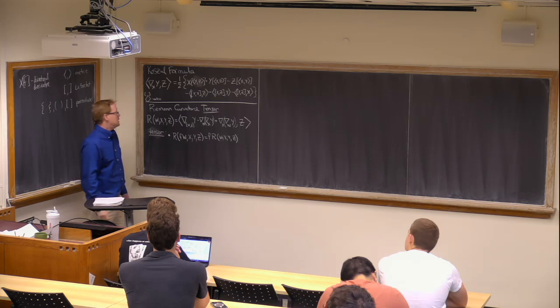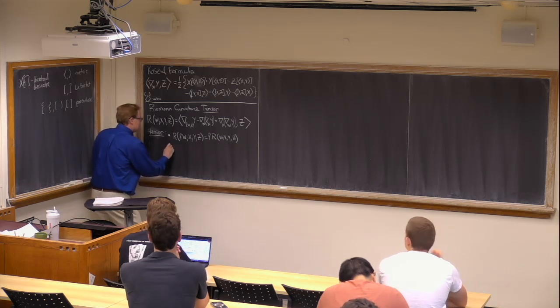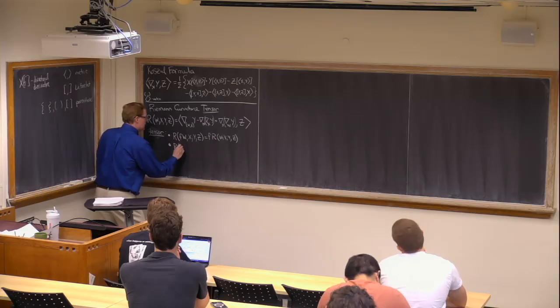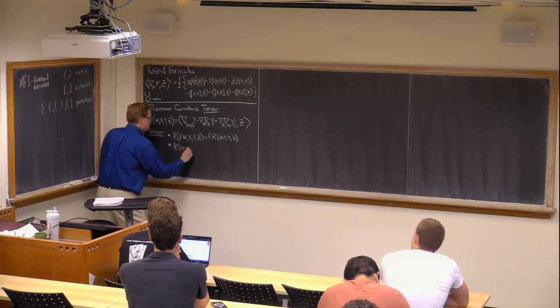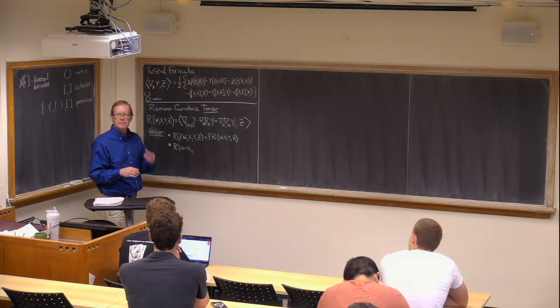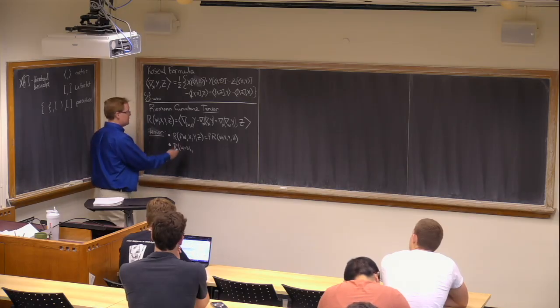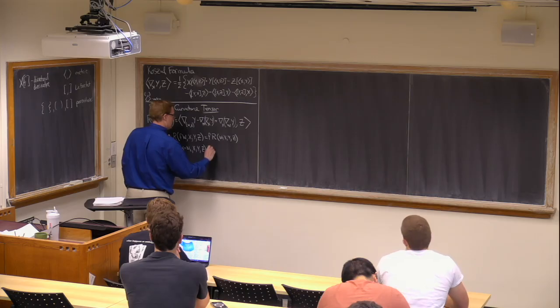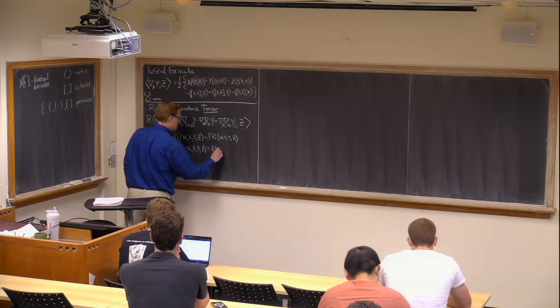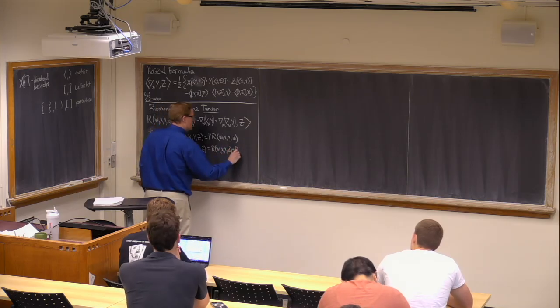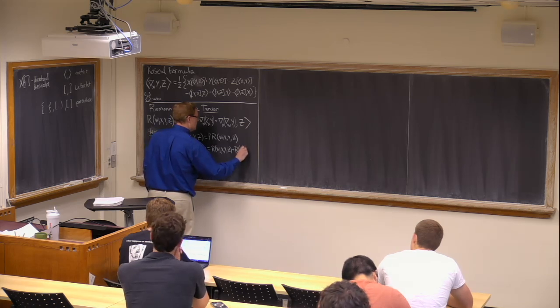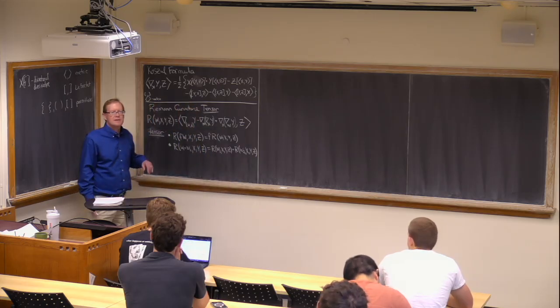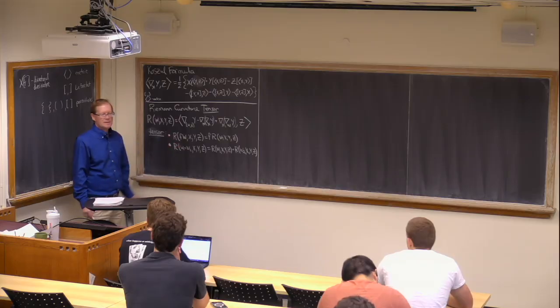Now, there's a second property of linearity, right? If you take W1 plus W2, by the way, these are 2 vector fields, not coordinates or something. One vector field W1, the second vector field W2, and then you keep the other arguments the same. Then you get R of W1, X, Y, Z, plus R of W2, X, Y, Z. So whenever someone says it's linear in the first slot, that's what that means.